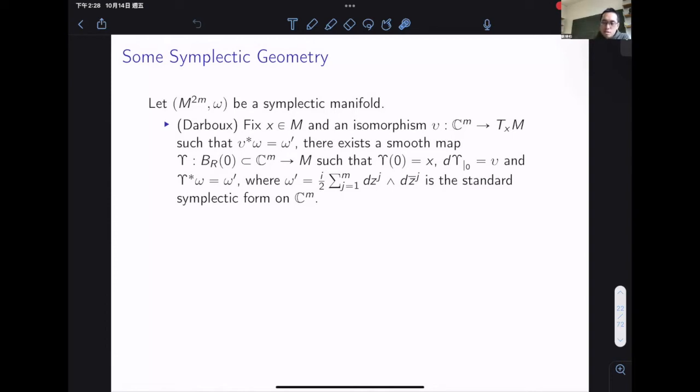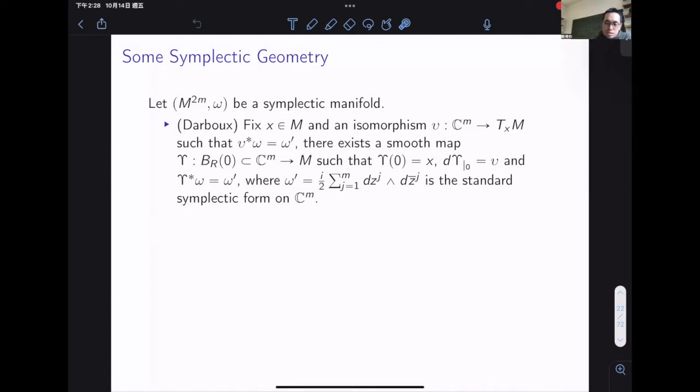Namely, there exists a smooth map from a ball in C^m centered at 0 to M such that the origin is mapped to x, and the differential of this map at the origin is equal to this isomorphism V.